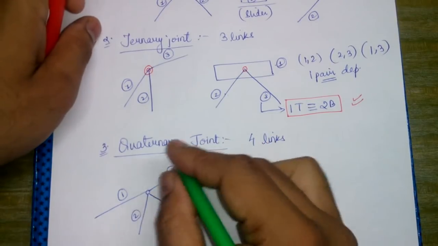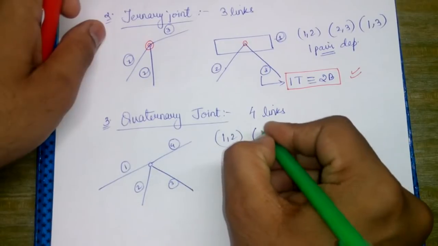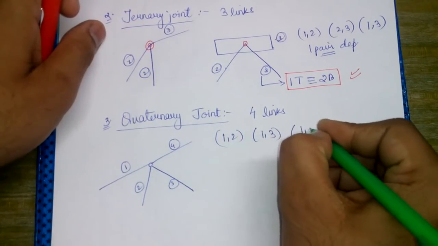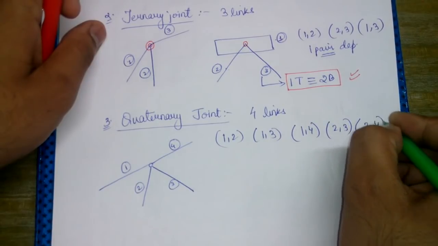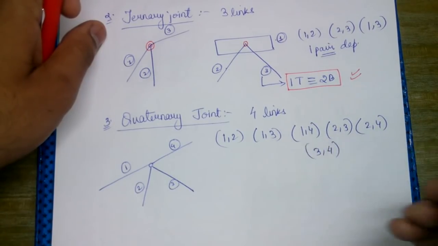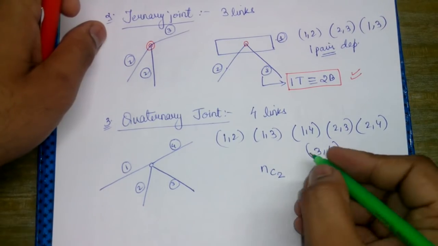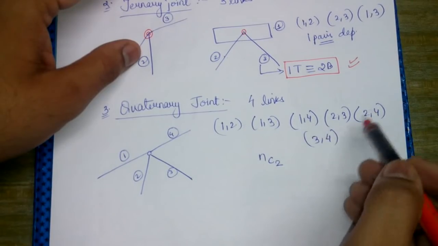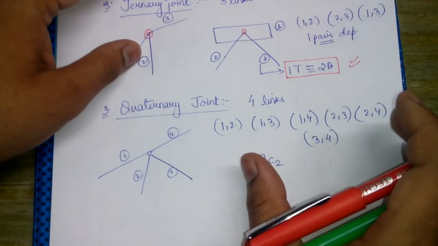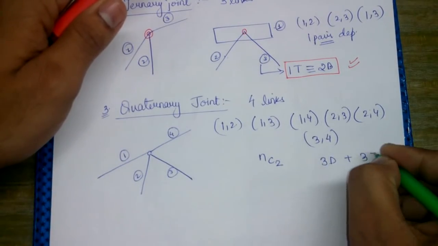If we form the pairs, they will be 1-2, 1-3, 1-4, 2-3, 2-4, 3-4. The total number of pairs can be obtained by the formula nC2, and hence out of these 6 pairs, 3 are dependent and 3 are independent.